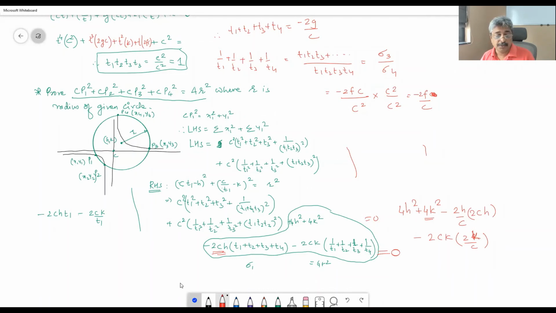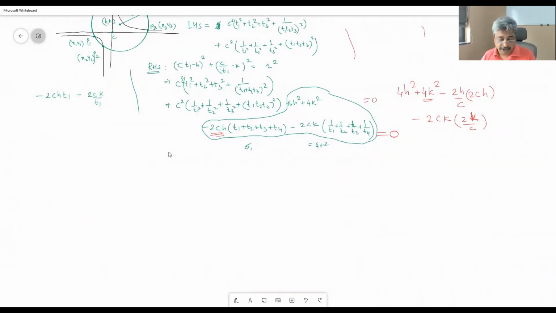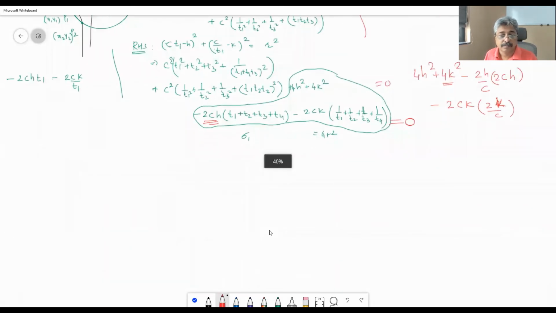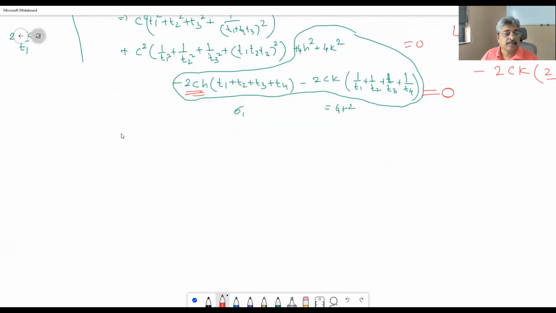Now let us finish a couple of properties of rectangular hyperbola which are there in MMR. Center of circle P1, P2, P3: coordinates of center of circle P1, P2, P3.